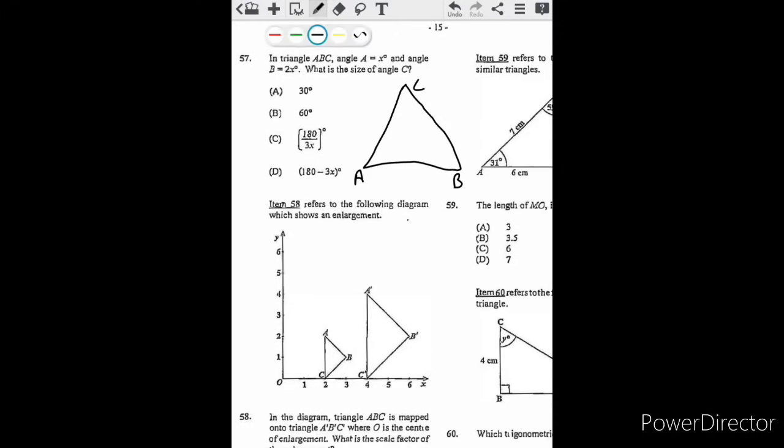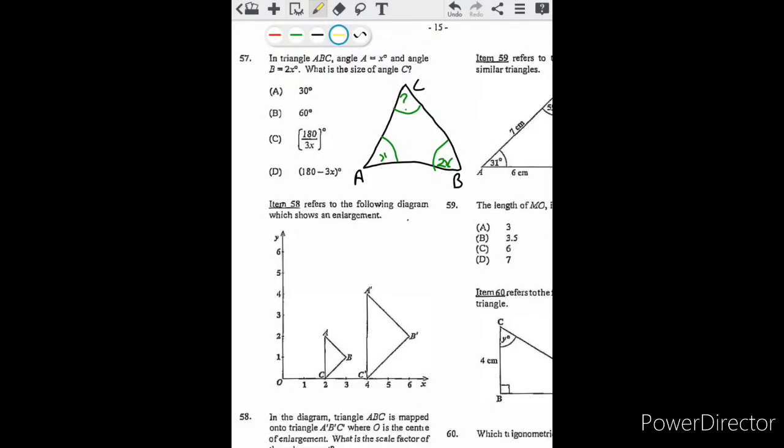It says A is equal to x degrees, B is equal to 2x degrees, and C is unknown. From what we know about the triangle, all of the interior angles add up to 180 degrees.